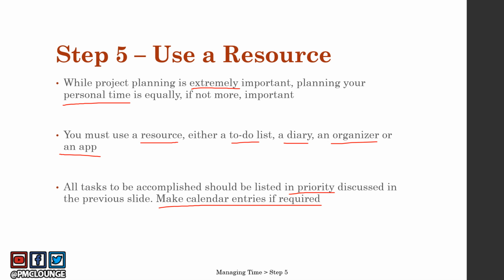Parkinson's law said work expands to fill the time available for its completion. In other words, if you allocate a day to clean your house, it will normally take at least a day, if not slightly longer.